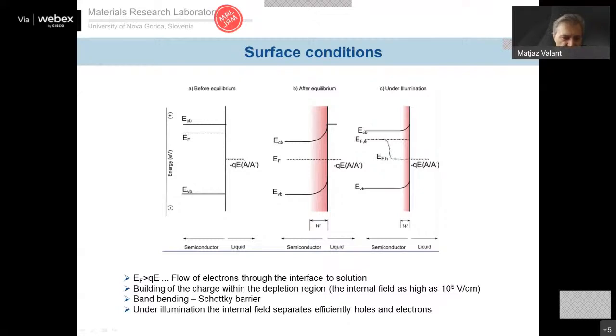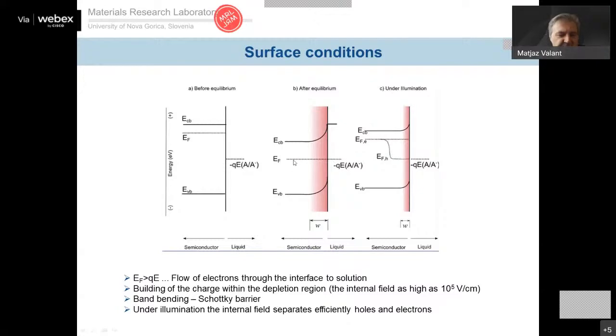So what will that cause? Now we are moving to scheme B. It will cause a depletion of the electrons near the surface of the semiconductor. This depletion will then cause the electron Fermi energy to equalize with the chemical potential.